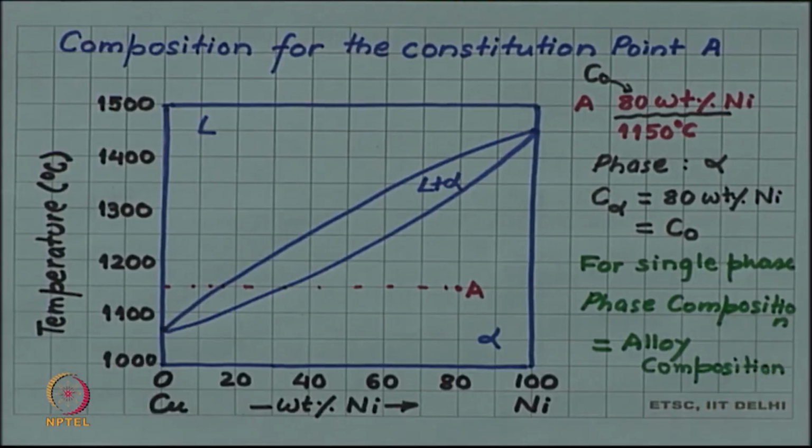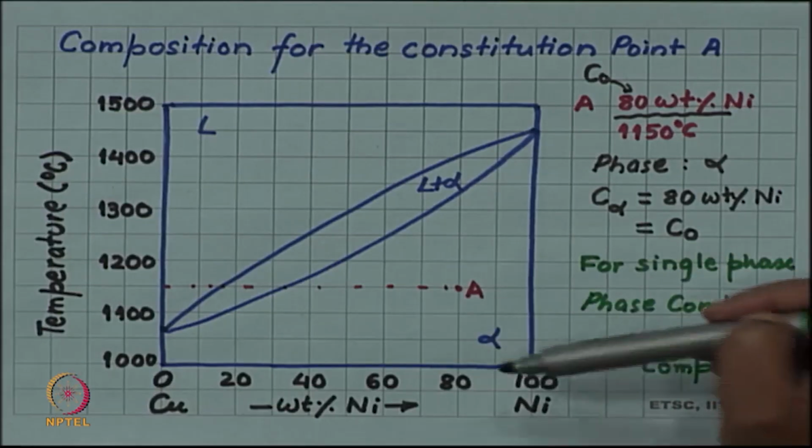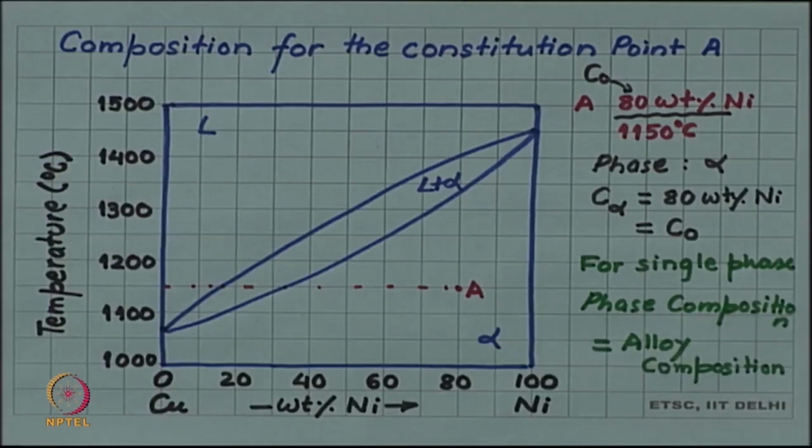For the obvious reason that the entire alloy is of the same phase. So, whatever percent nickel is in the alloy is also there in the given phase alpha.